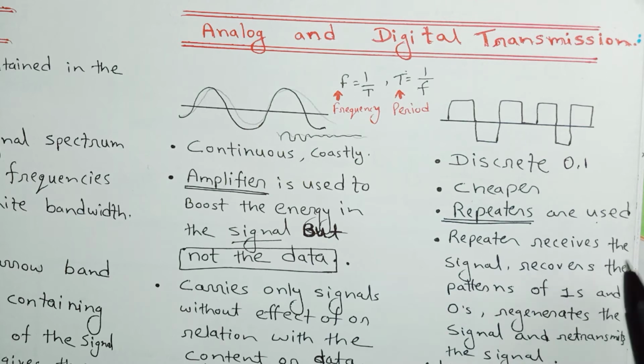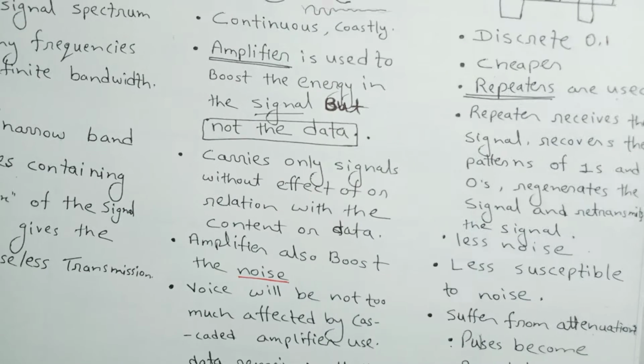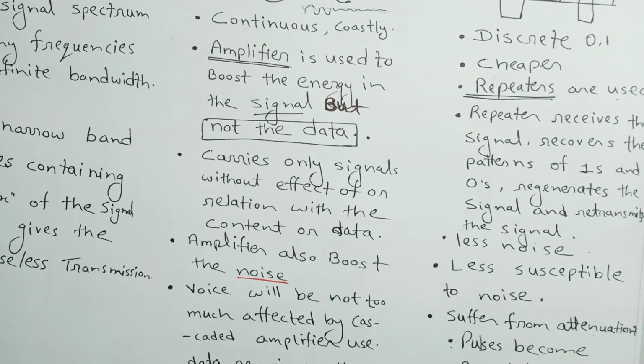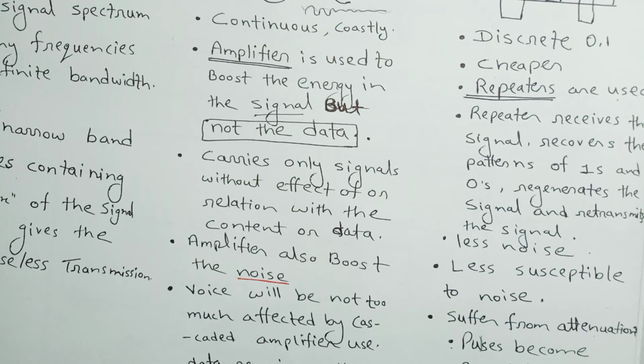Repeaters receive the signal, recover the pattern of ones and zeros, regenerate the signal and retransmit it. Less noise, less susceptible to noise, suffer from attenuation. Pulses become rounded and smaller, leads to loss of information. Cascaded amplifiers will introduce bit error.